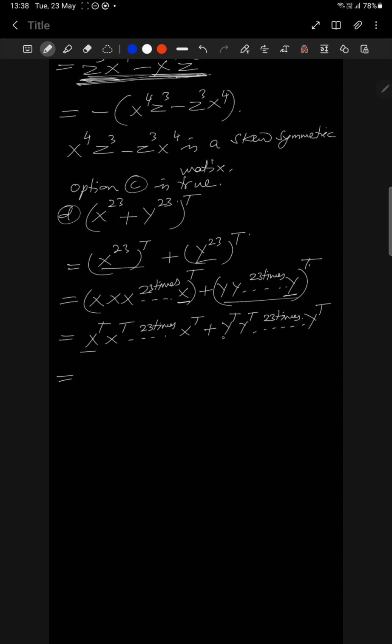Now x and y are both given as skew symmetric in the question. So in place of all these x transpose, we can write minus x, 23 times, plus minus y dot dot dot minus y, 23 times.